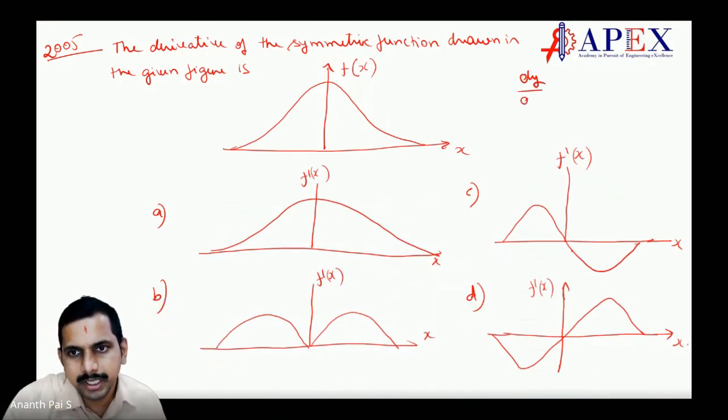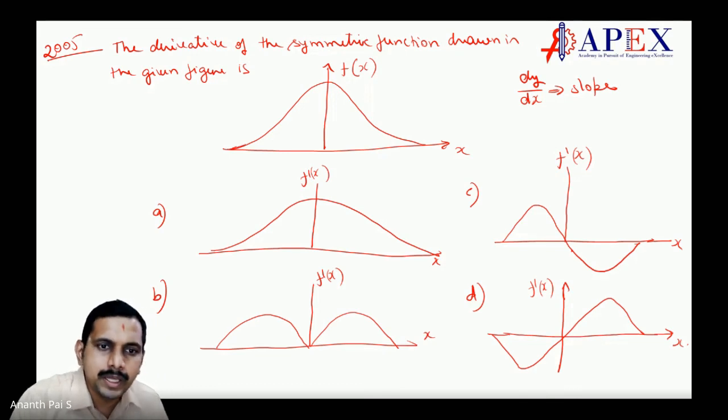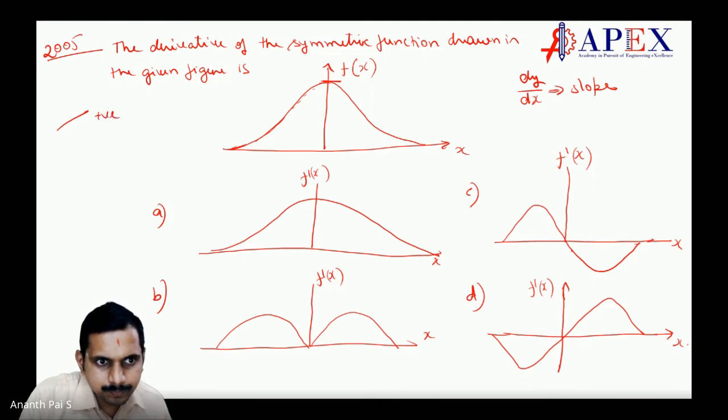Okay, the thing is, what is dy by dx? dy by dx is nothing but equal to slope, correct? What is the slope here? Very small slope. Then it goes to a higher slope. Then slope reduces. Correct? This is positive slope. This is zero slope. This is negative slope.